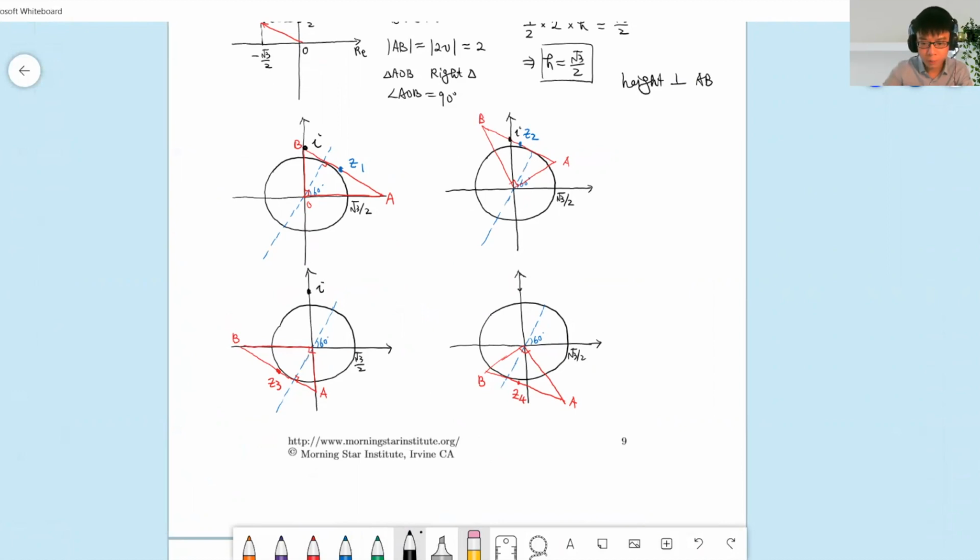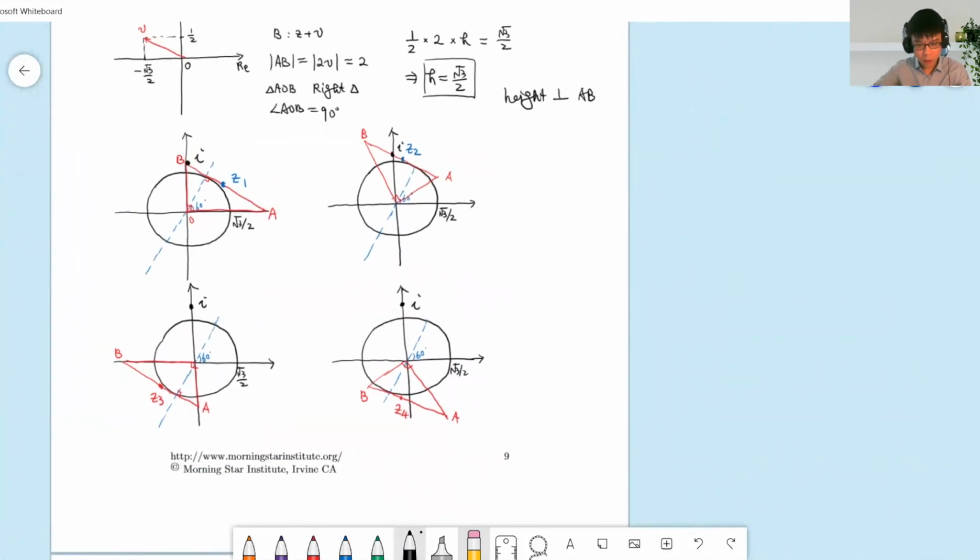This is i. So we would see that z4 is farthest from i. So z4 minus i is the largest value. But the second one is z3 minus i. The third one would be z1 minus i. And the last one, closest to i, is z2. So z2 minus i is the smallest one.